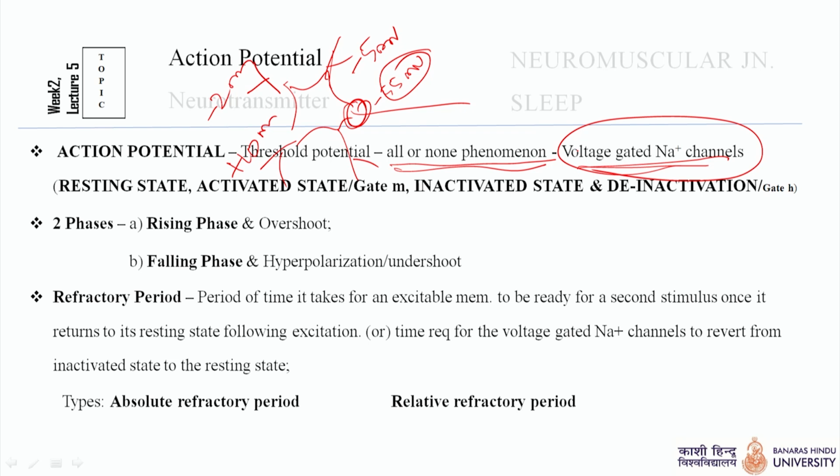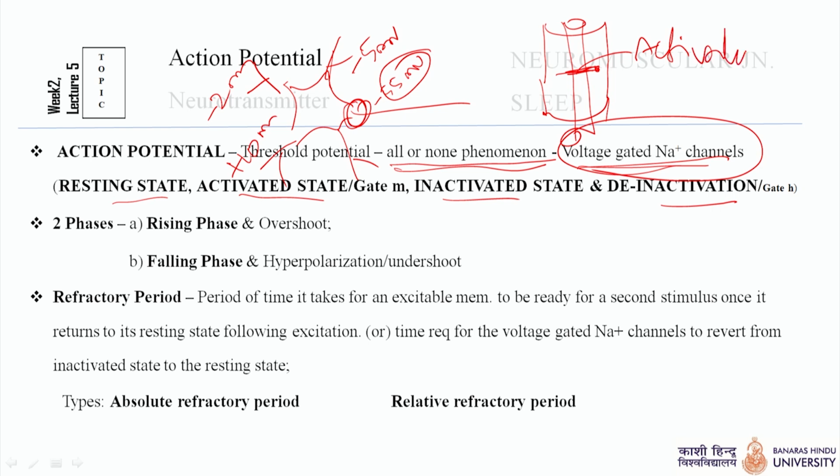These sodium channels have 4 important states. If you take the channel, it has 2 gates. One is called the activation gate, and the other one, from here, is called the inactivation gate.